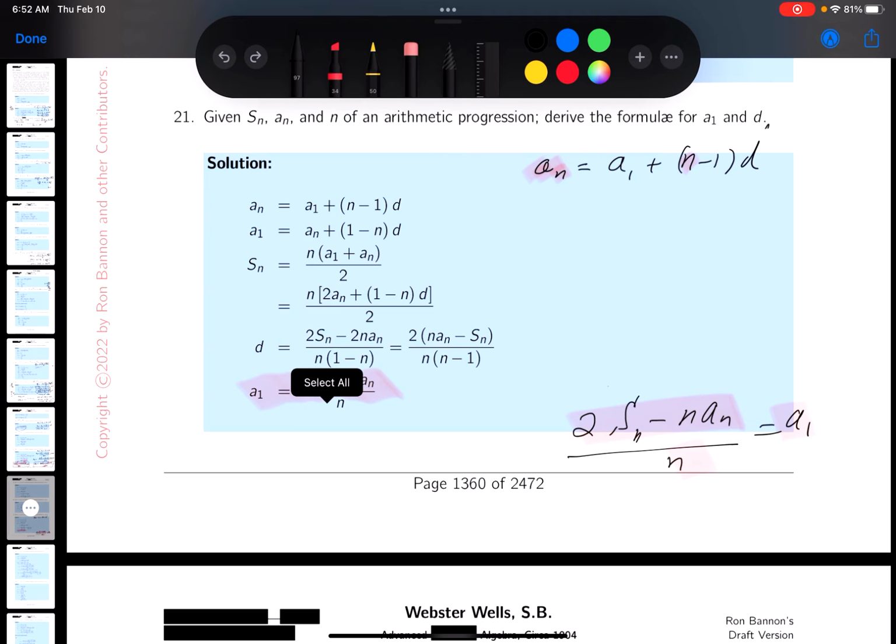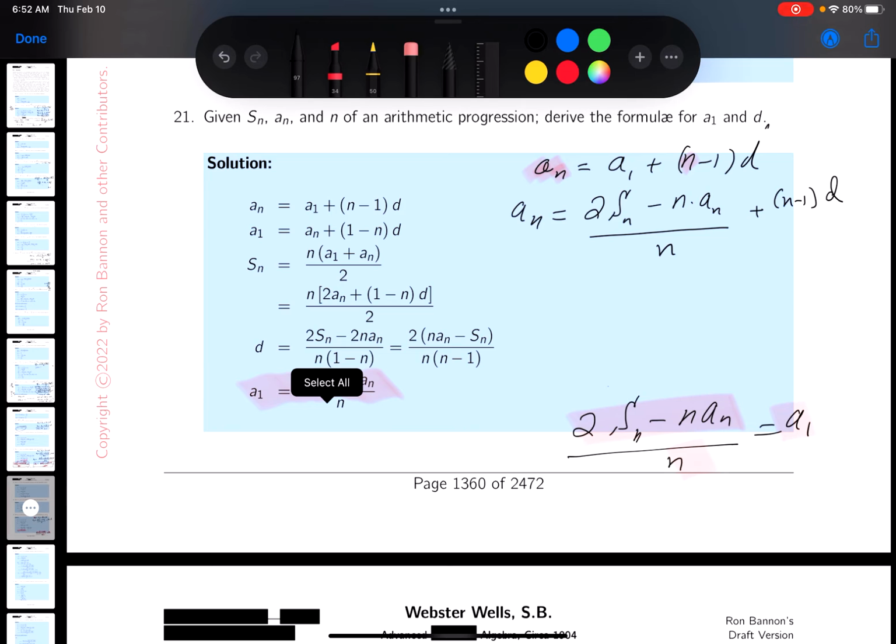So what do you have here? AN equals 2SN minus N times AN over N plus N minus 1D.